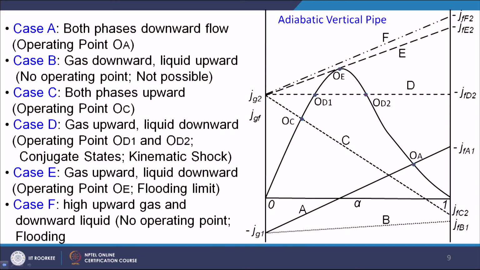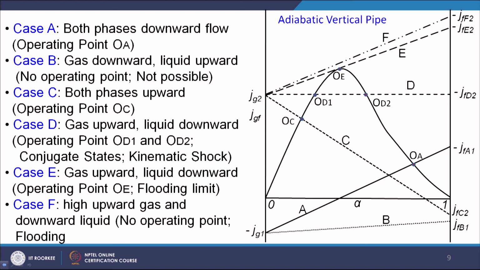And as the liquid is in the downward side, let us take the point somewhere over here, with a negative liquid velocity, because negative into positive becomes negative. So, this is the operating point for case C. If we join these 2 points, then we get our operating point over here. So, this is the operating point for both phases in upward motion.